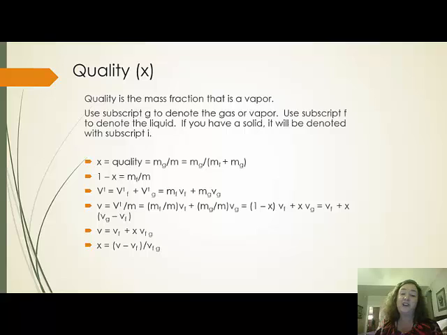Going through and doing some fairly simple algebra, I end up with that the volume is the volume of a saturated liquid plus the quality times the volume change, Vg minus Vf, or sometimes we call it Vfg. I could also solve for quality: it is the volume minus the volume that's saturated liquid, divided by the volume change from being liquid to gas.